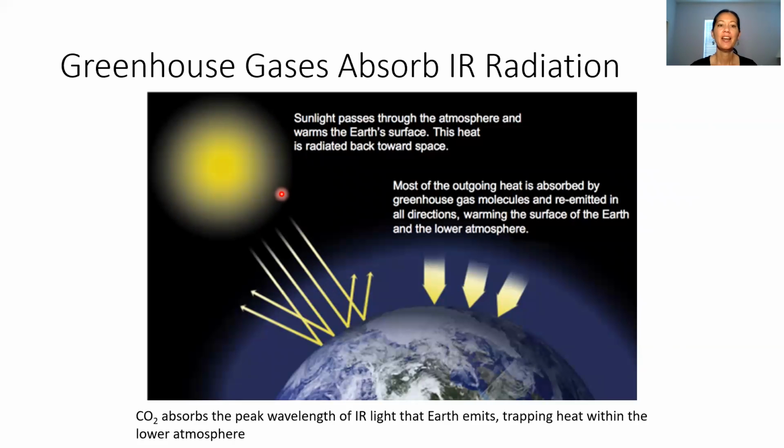We know that. Energy from the sun warms the Earth, but a lot of that radiation is radiated back out into space. However, there are some greenhouse gases, such as carbon dioxide, that are in our atmosphere, and they end up absorbing that energy that's supposed to radiate back out to outer space, and they trap that energy in the atmosphere here.